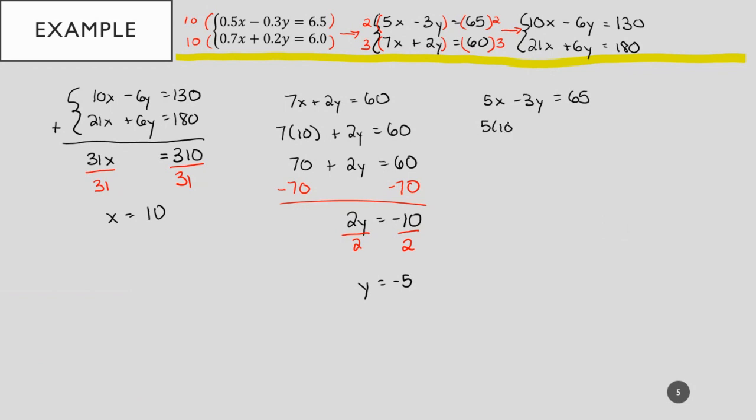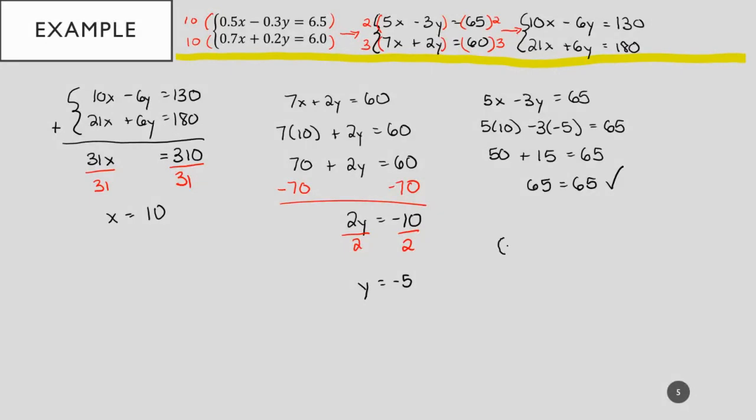So I'm going to plug in both the x and the y. 5 times 10 is 50. -3 times -5 is a positive 15. And you can see 50 plus 15 gives you 65. Because it worked in that other equation, that means the solution is correct.